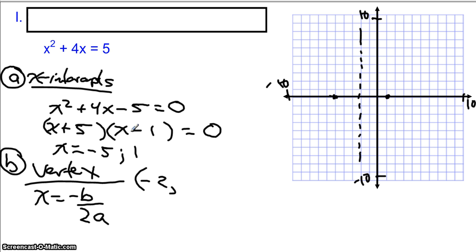We have said that the vertex will always fall on that foldable line, right? That axis of symmetry. So I'm using the graph to label it here, but you could fill in the numbers. And the numbers are negative 4 over 2 times, what is a? It's 1. So what is negative 4 over 2? Negative 2, exactly what we found over there in our graph.